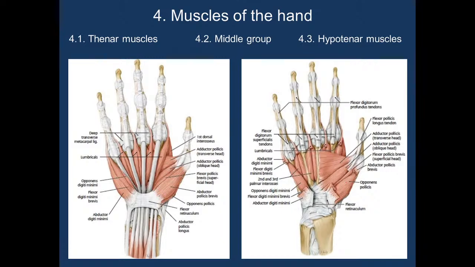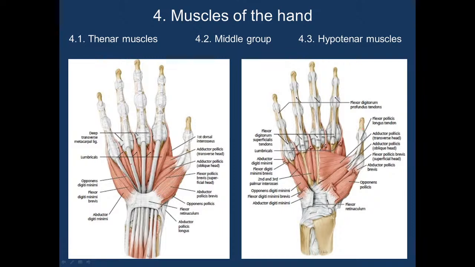If you look at your right hand, you see a lateral group, where muscles connect to the first finger, and we call this group of muscles thenar muscles.